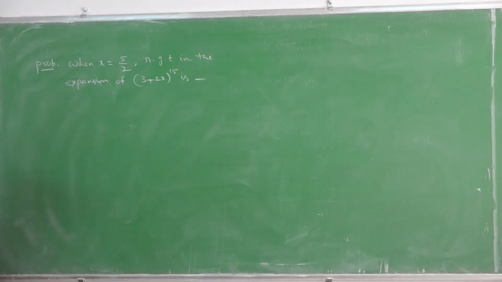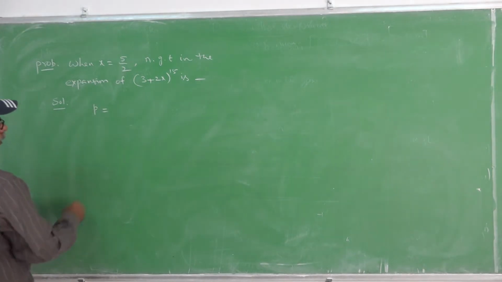When the variable involved in the binomial expansion takes the value 5/2, NGT stands for numerically greatest term.